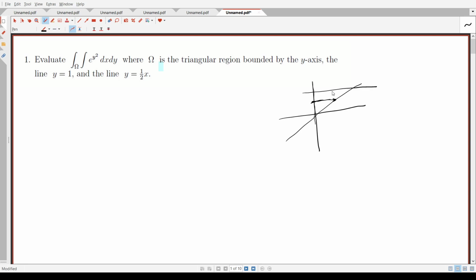I'm integrating with respect to x, so I'm going to draw a slice in the x direction. Now I ask, what is the minimum value of x? That's going to be here, right? So that's going to be 0. This is x equals 0. And then what is the maximum value of x? This is the line y equals 1/2 x, or equivalently, x equals 2y. So the maximum value of x in this case is going to be x equals 2y.